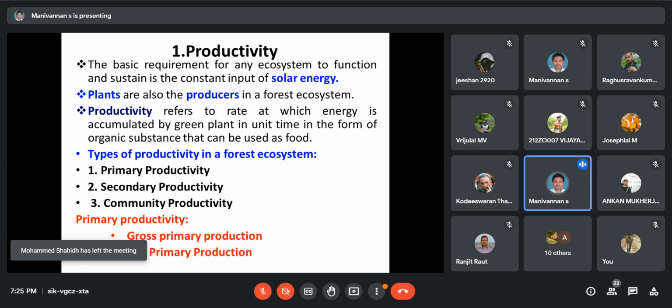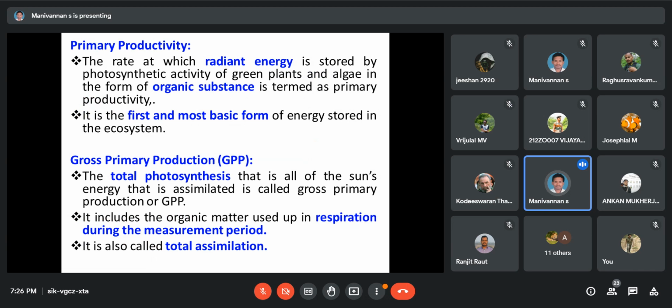First, what is the primary productivity? Primary means first level. First level means how the solar energy or radiation energy is converted into the organic substance or the starch molecule.